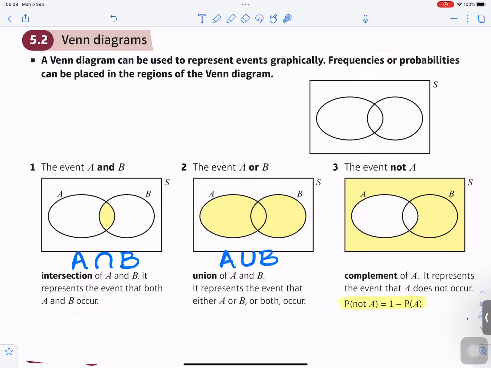It represents the event that either A or B or both occur.